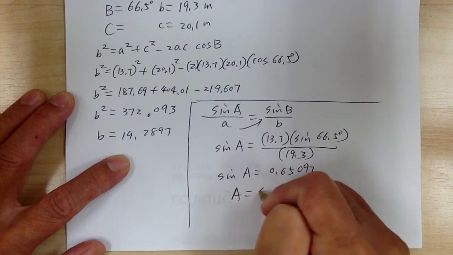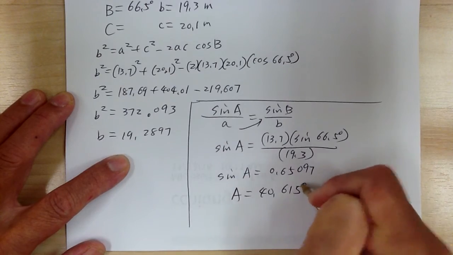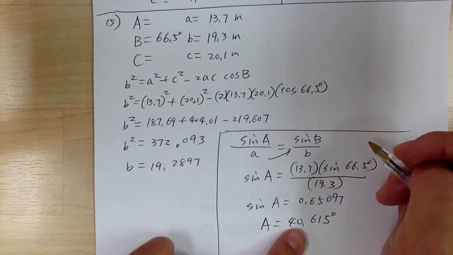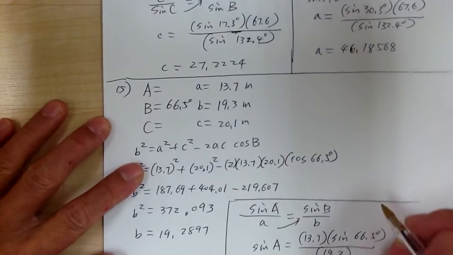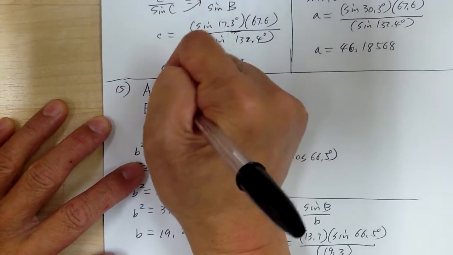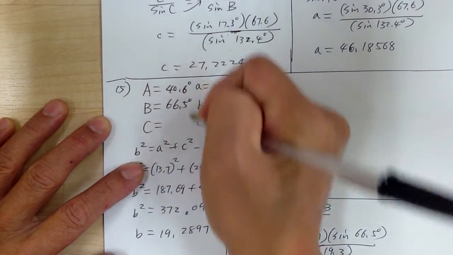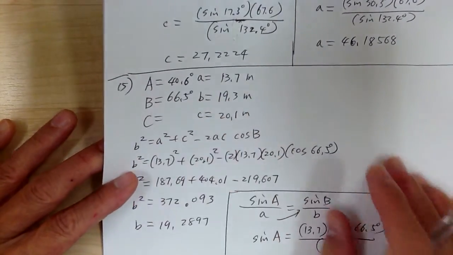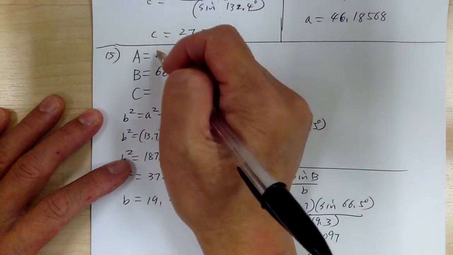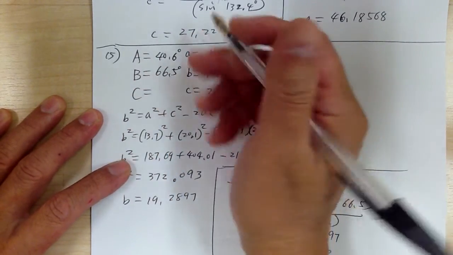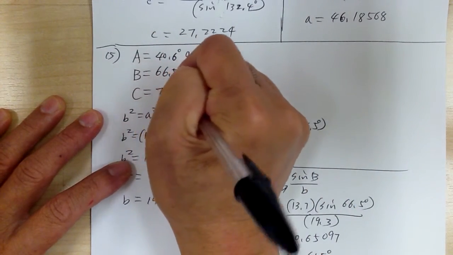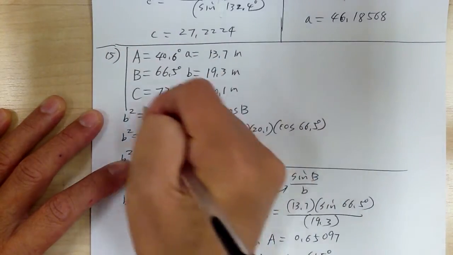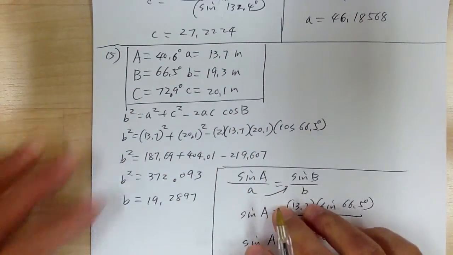So angle A equal to 40.615 degrees. So when you put up here, again, round it to 1 decimal. So you get 40.6 degrees. To get C, don't use the law of sine because you already have two angles. So just use 180 minus angle A minus angle B. You get 72.9 degrees for angle C. And this is it.